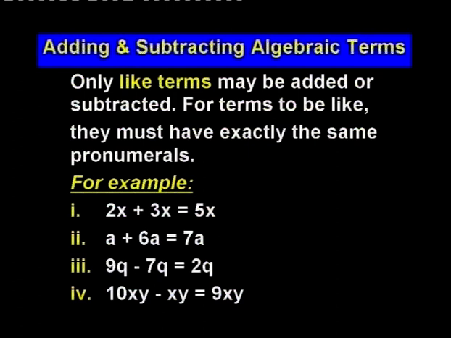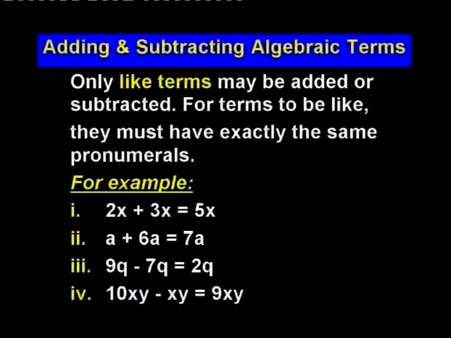Remember, in pronumerals, we have an invisible 1. So therefore, the answer is 7a. 9q minus 7q is 2q, and 10x minus x will give us 9x. Remember, we have an invisible one in here, which we subtract from 10.